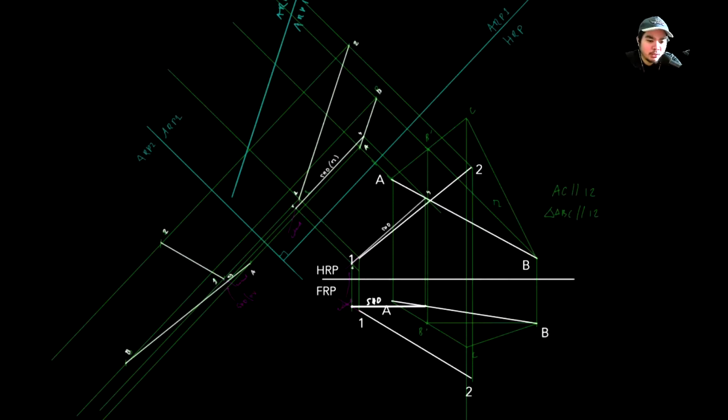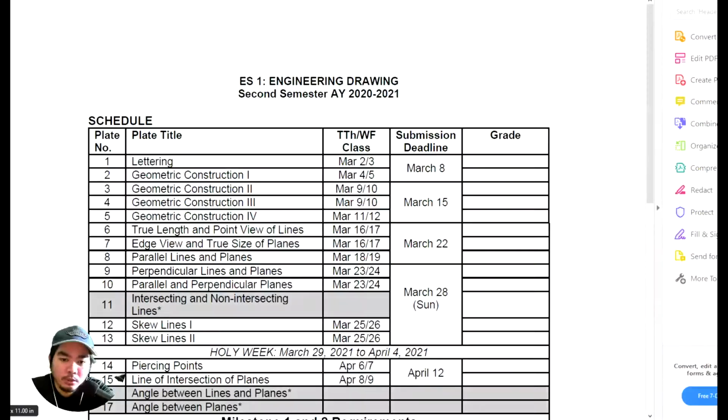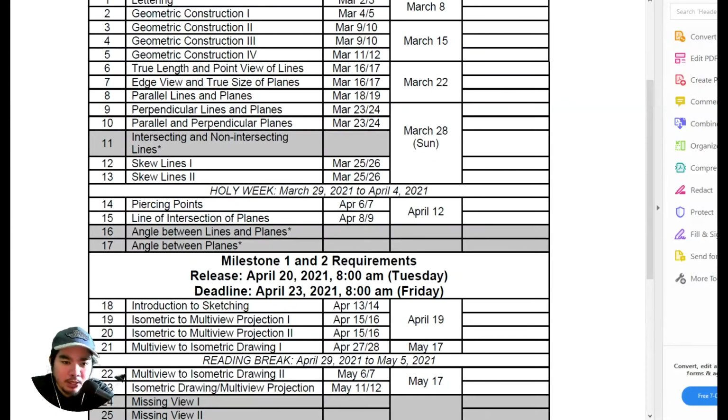Let me check the plate schedule. Okay. Si plate 11 kasi ito, intersecting and non-intersecting lines. Lahat na naka-grayed out dito means that they are supplemental lang na plates, no? So, it's something if you want to explore on your own, pwede naman siya.